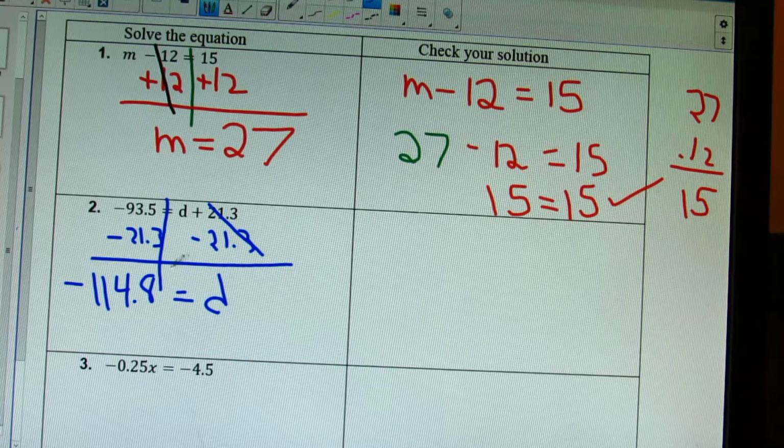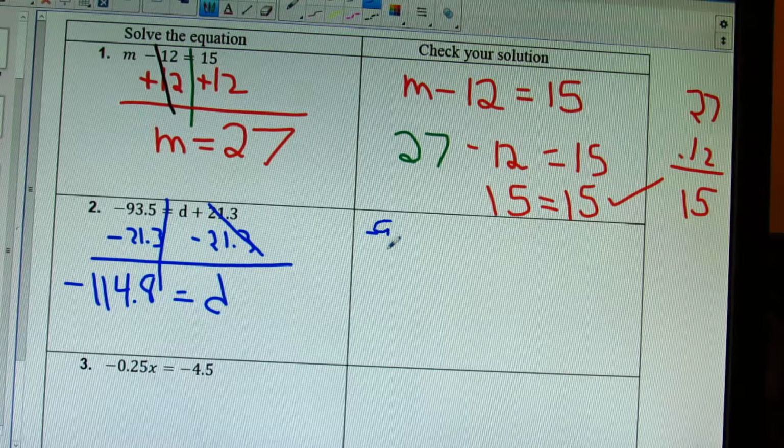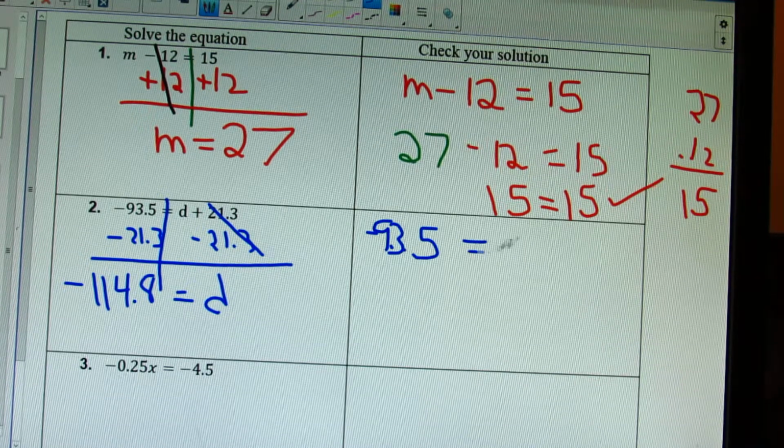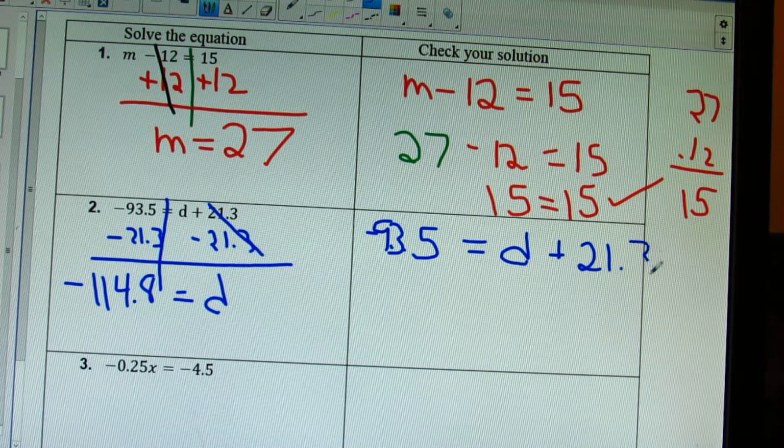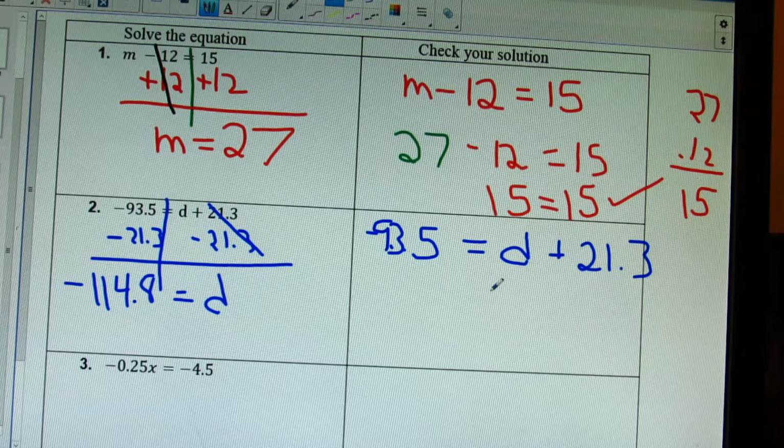Again, I know this may look a little tricky, but watch the check. Rewrite. 93.5. D plus 21 and 3/10. Okay? Replace.